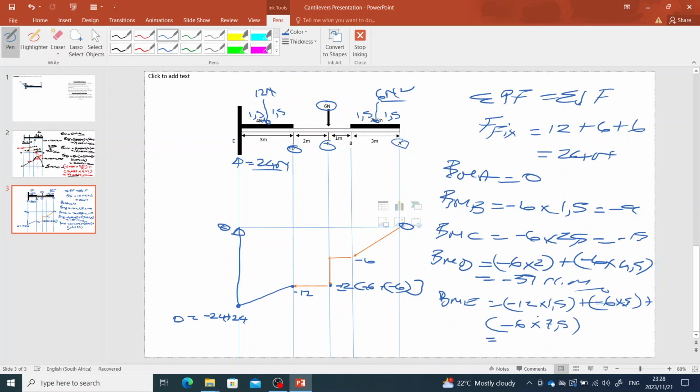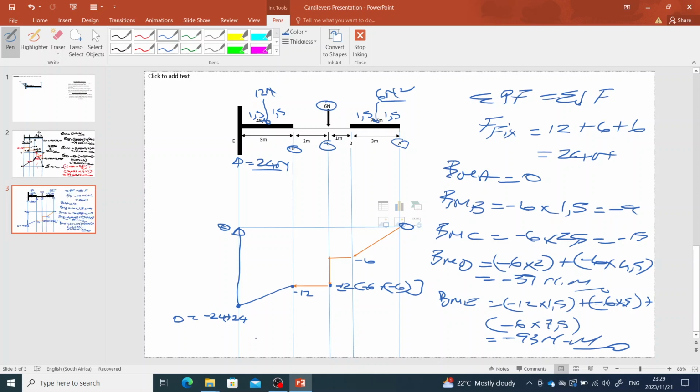Then I get my answer as -12 multiplied by 1.5 plus -6 multiplied by 5 plus -6 multiplied by 7.5. Now I get my answer as -93 Newton meter. That's your maximum bending moment.